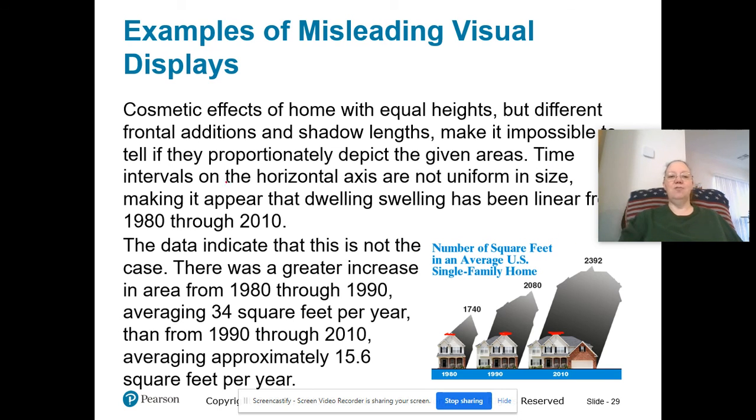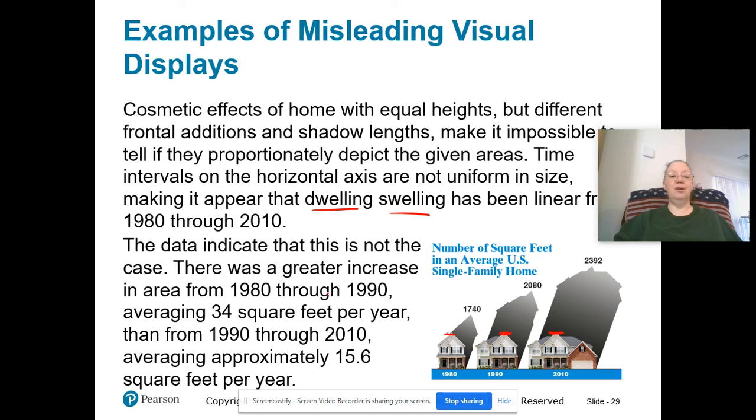The time intervals on the horizontal axis are not uniform in size. We go a 10-year and then we go a 20-year gap, making it appear, I like this phrase, dwelling swelling, has been linear when in fact it hasn't been linear. It looks like a linear growth, but it isn't linear.